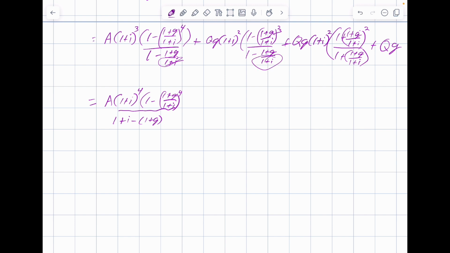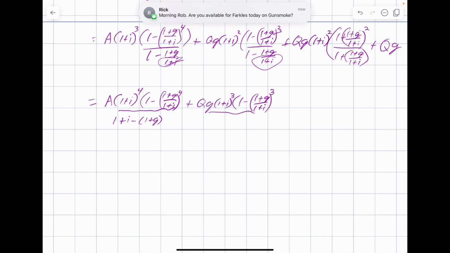Here we'll multiply again the same 1 plus I, both top and bottom. So that'll give us qg 1 plus I to the third. The remaining term will remain the same. 1 plus g, 1 plus I to the third.